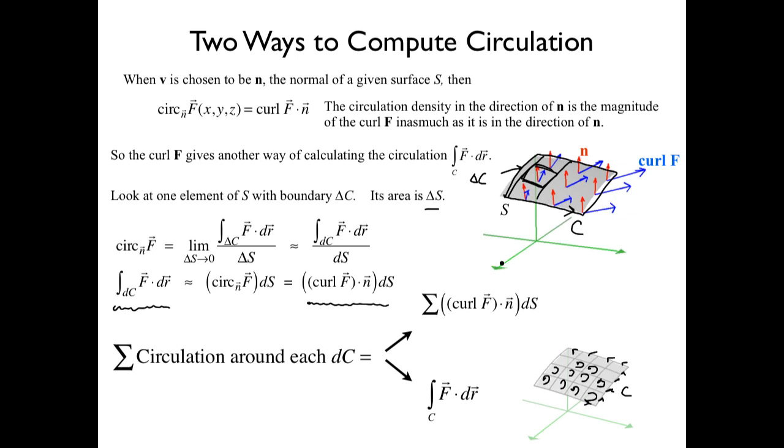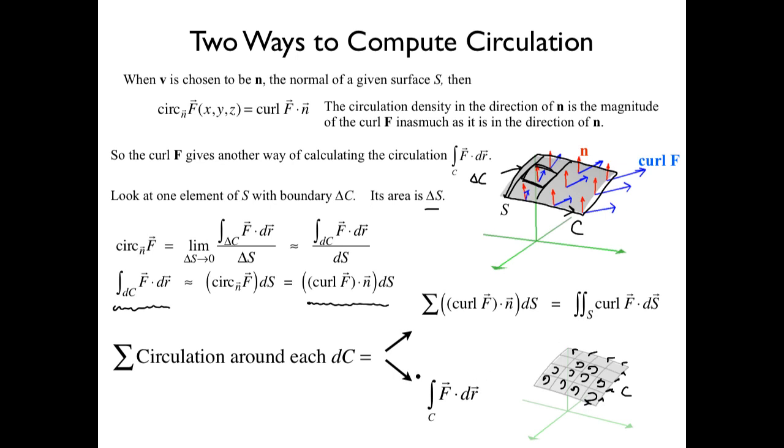And when things get small, this becomes the surface integral of the curl. Summing over all these little areas is a double integral over the surface of the curl. Since they're both the sum of the circulation around each little DC, they themselves are equal.